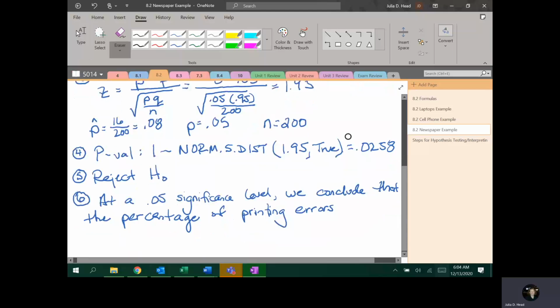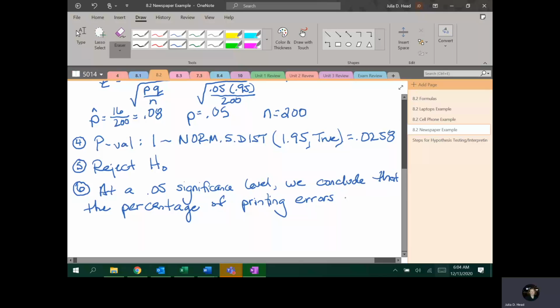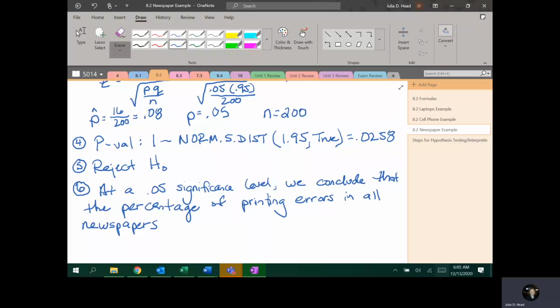So we say the percentage of printing errors in all newspapers. The one bad thing about thinking about in is you should never in your interpretation mention the 200. Always use the word all. So in all newspapers.